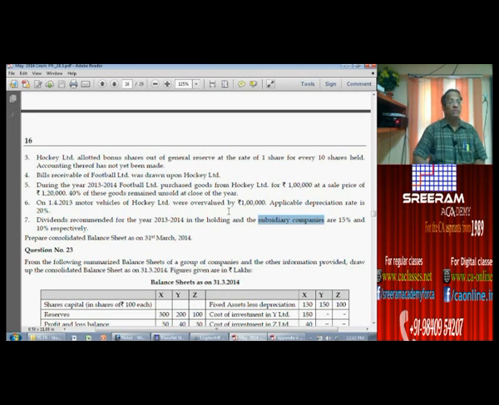So, if you want to disclose proposed preference dividend, you have to take up parent's preference dividend plus subsidiary's preference dividend attributable to minority interest. Then equity dividend payable is equal to equity dividend payable to equity shareholders of the parent plus equity dividend payable to minority interest of subsidiary.